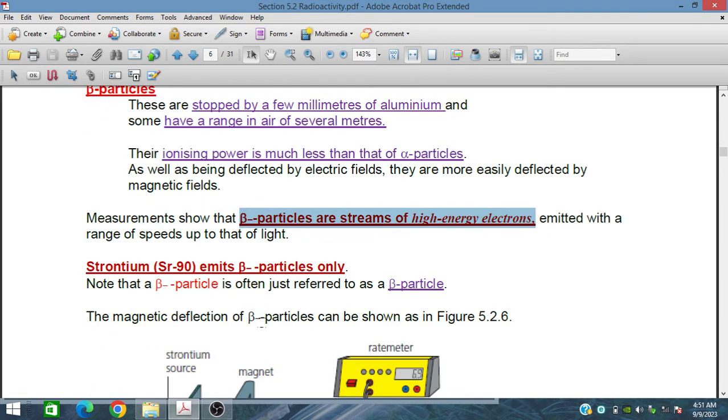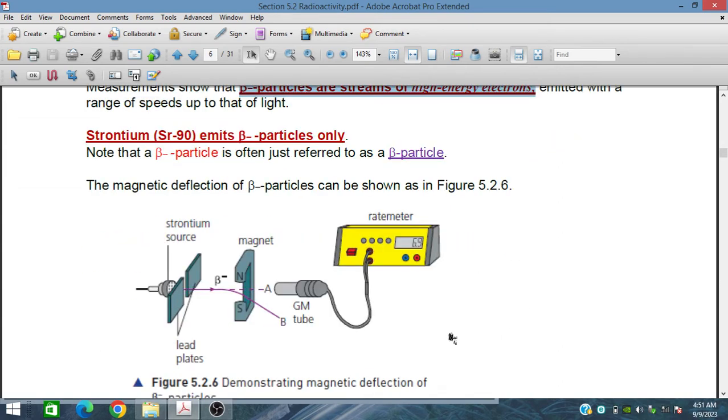The magnetic deflection of beta particles can be shown as in figure 5-26. So this is a source and this is a lead sheet, so that the source emits beta radiation. Suppose this is strontium that only emits beta particles.